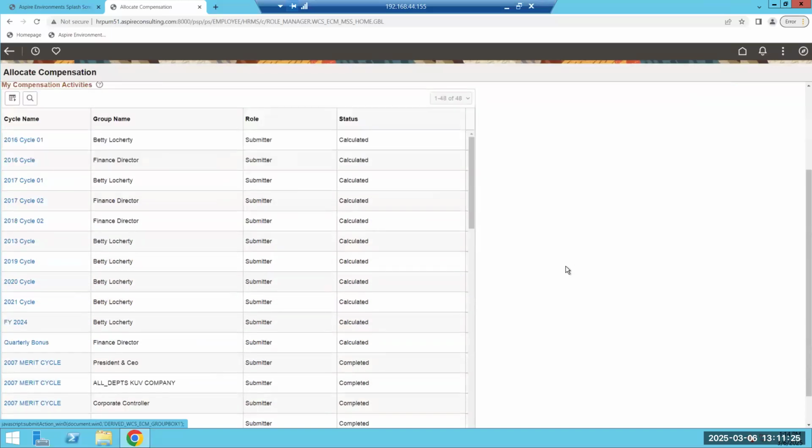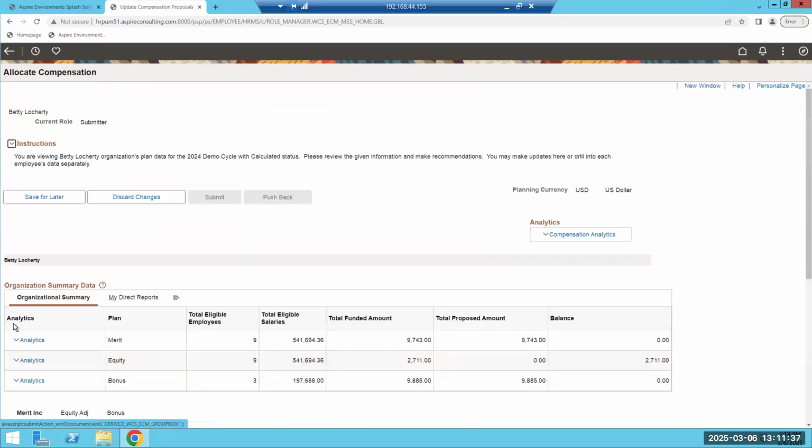So we see a lot of different rows here. But the cycle that I've set up for us to look at is this fiscal year 2024 cycle. And so we're going to go into this cycle here, where Betty is the top level manager for this particular cycle.